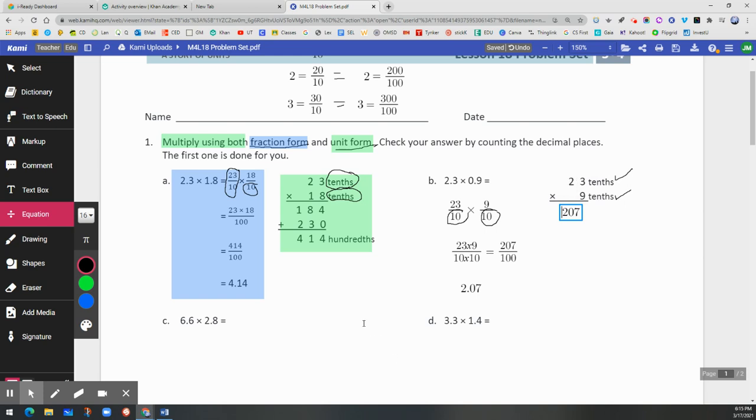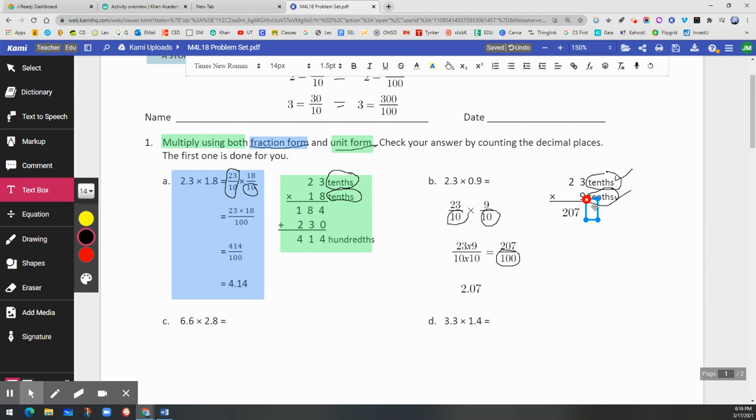207. Yes, that's correct. Now remember that the key right here is tenths. So when you are doing this problem, you've got to multiply these units as well. So what is 10 times 10? Just like we did over here, okay? It has to equal 100. Now let's write it down. Let me get the text box.